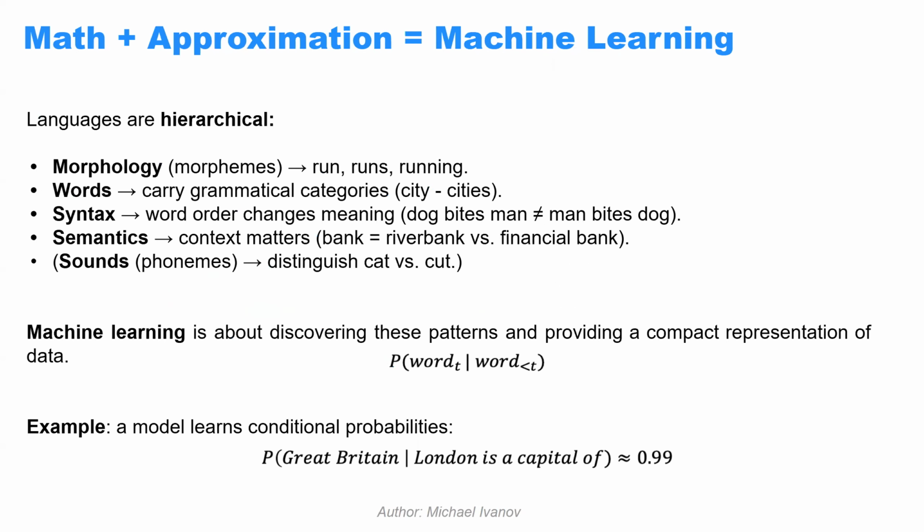What is language? Language is morphemes, words, syntax, semantics, and sounds if we work with advanced language models that can preprocess sounds. But in general, we can describe this task as predicting the next word in the context of other words.